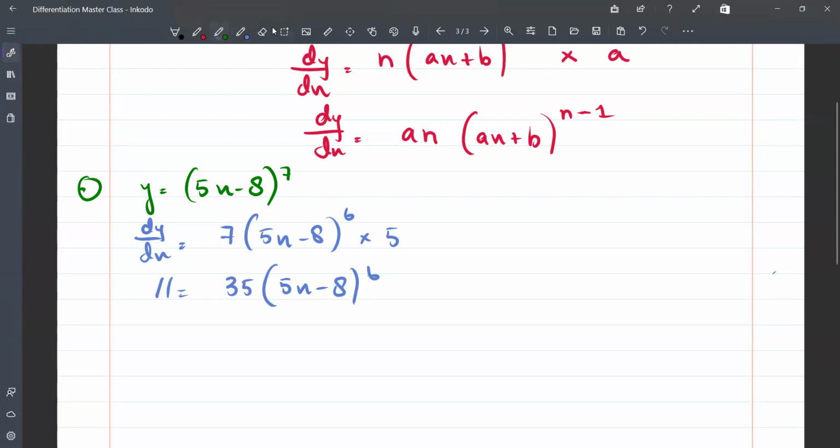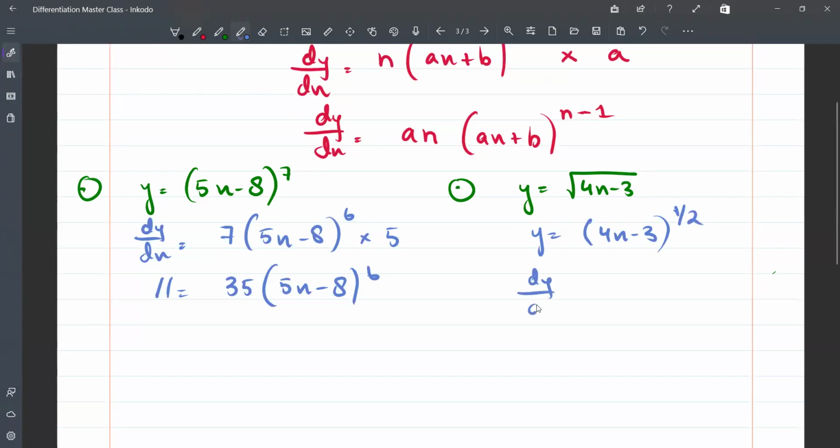All right, so let's do another example. Let's say we have y is equal to under root 4x minus 3. Let me just simplify it first, right? It can be rewritten as y is equal to (4x minus 3), the whole thing, power 1 upon 2.